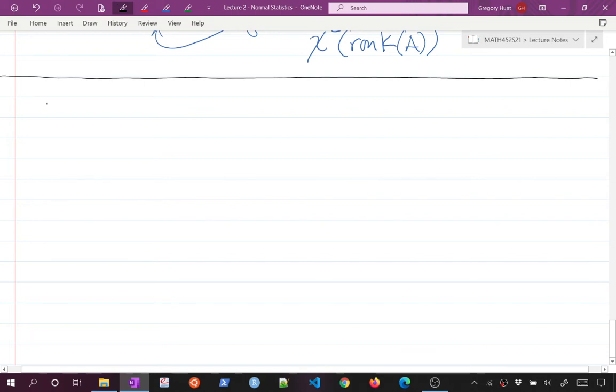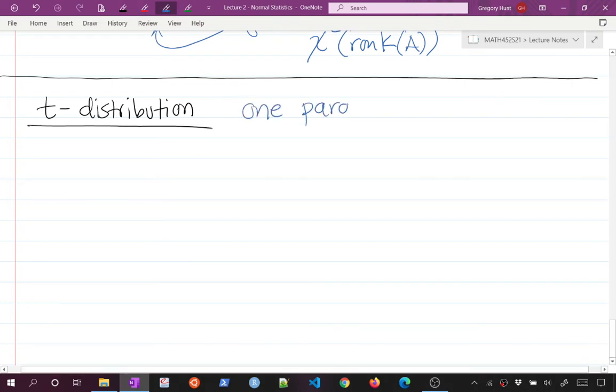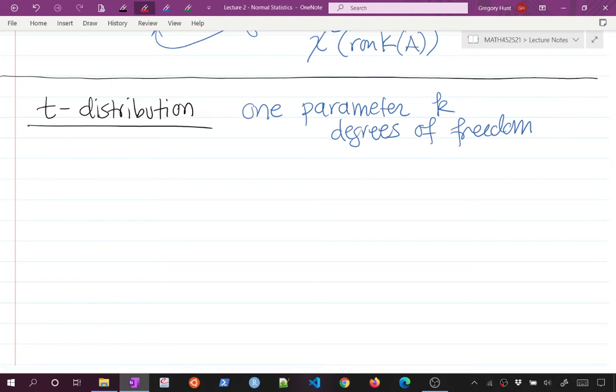And one thing we want to look at is called the t-distribution. So the t-distribution has, again, one parameter. We'll call it k, and this parameter is also called the degrees of freedom. And it's going to be very intimately related to the degrees of freedom for a chi-squared.